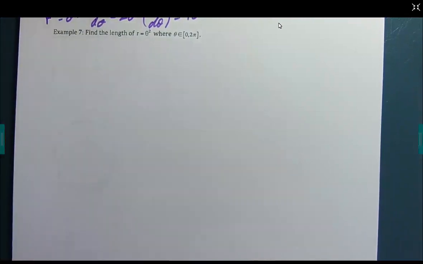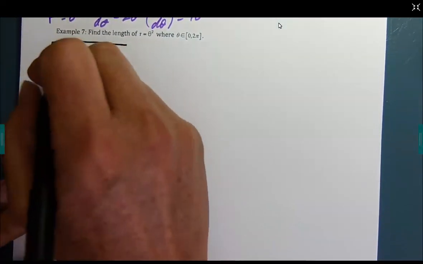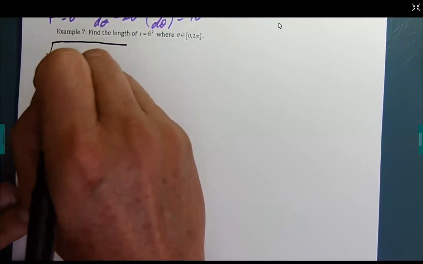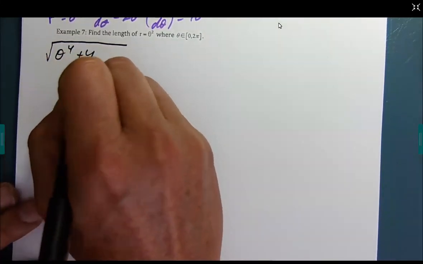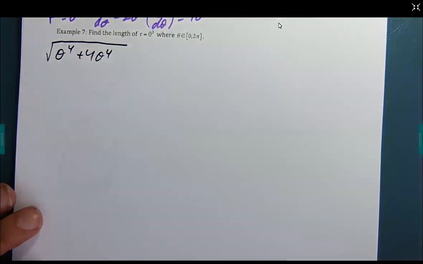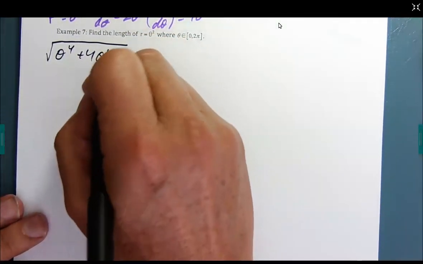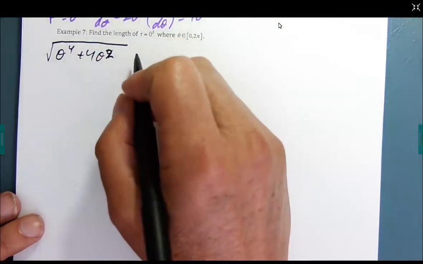So the square root of adding those up is going to be theta to the 4th plus 4 theta squared, pardon me, squared.